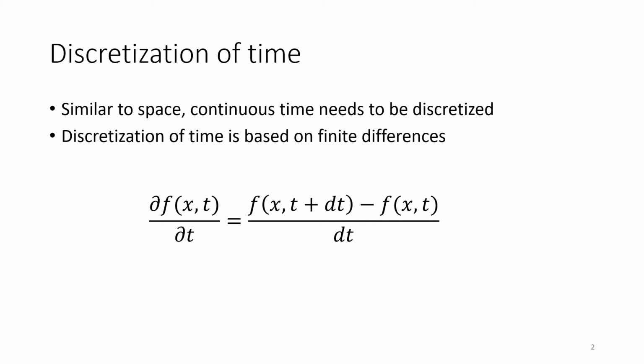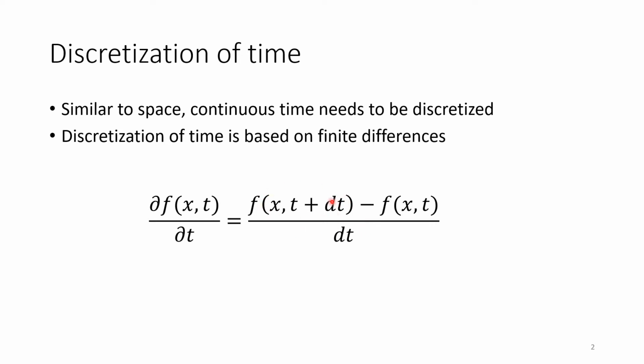So we're looking here at the time derivative, which is simply approximated in finite differences. We're taking the future time step t plus dt, which is just some difference from the time right now. So from the time t, we're adding something on top of it, whatever it is. You're generating the gradient from a future time step minus the actual time step, divided by the size of the time step.